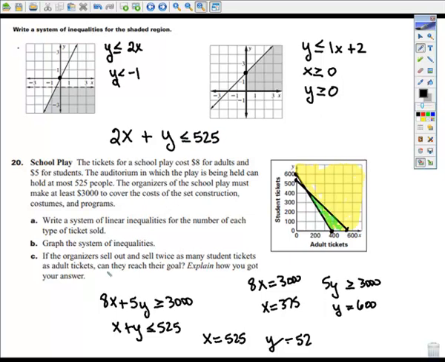So we will have to see, can they reach their goal of the 3,000? So we would do this together with this one. And I'm going to challenge you to try to finish that one and see what you get. So here are your two systems, and we will discuss the rest of this when you come back, or when I come back.